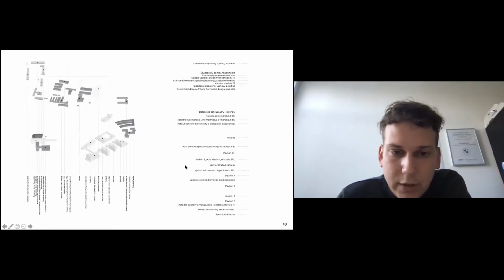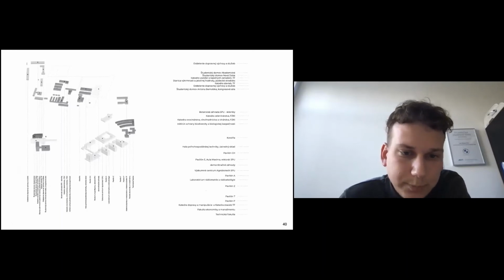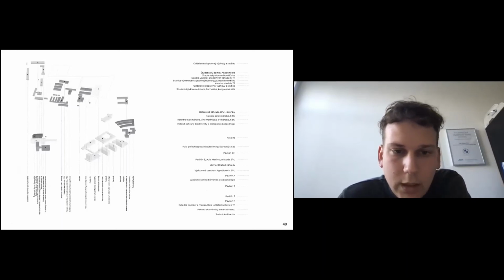Here you can see the graphic interpretation of every building located in the university campus. Nine of the objects of the university campus are part of the national cultural heritage.